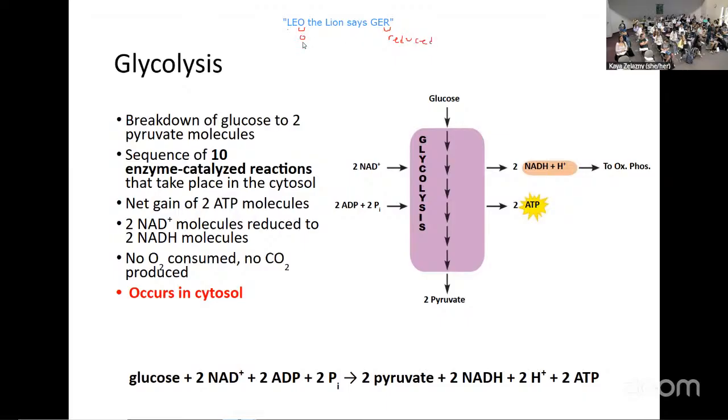Oxidized. Okay. So Leo is losing an electron. And the Ger at the beginning is gains an electron.